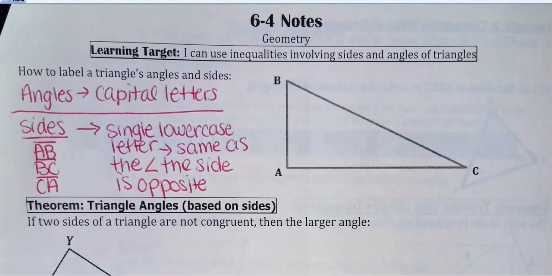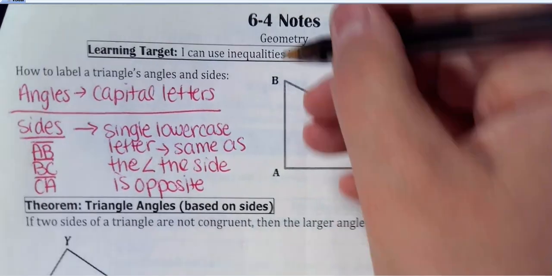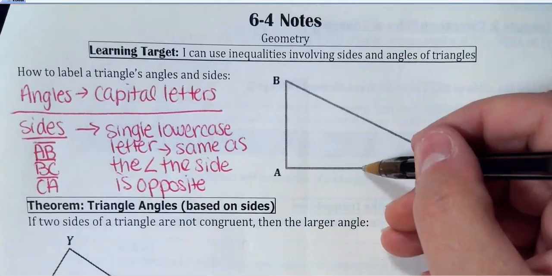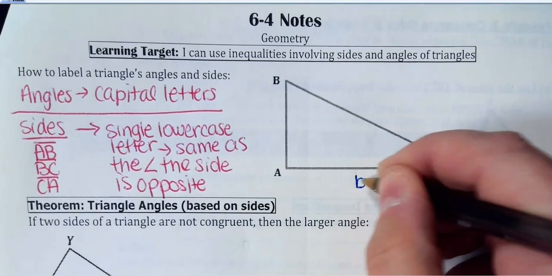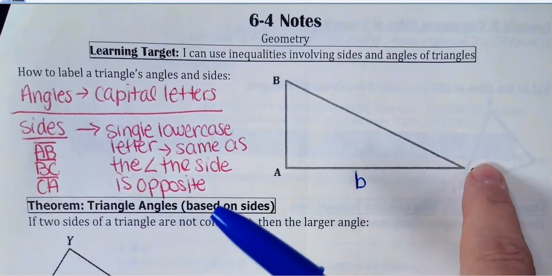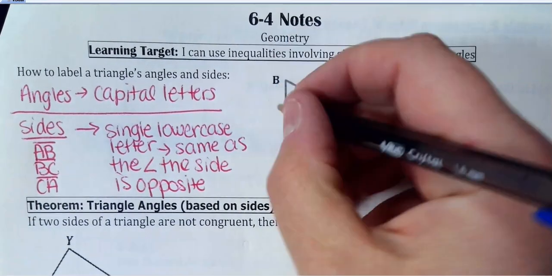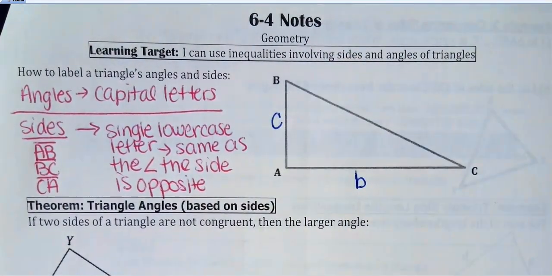So if I have angle B, capital letter, if I go across the triangle or opposite from that angle, I can call the side across from that with just a single letter. I can call that side b. If you have angle C, I got that over here, capital letter, the side across from that or opposite that, you are allowed to label that side c, just a single lowercase letter.